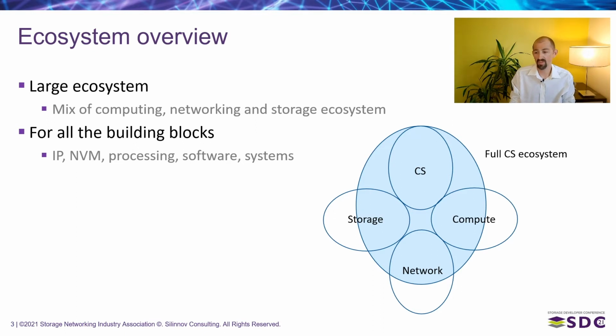In fact, it is a mix of already existing ecosystems: computing, storage, and even networking. So it is very huge, also in terms of technologies, from IP to NVMe, so the memory chip, processing chip, software, board, and systems.